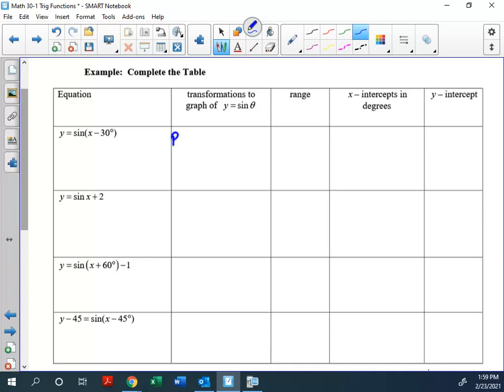So technically, we should be saying this is a phase shift 30 degrees right. Technically, that's exactly what we want to see. And as I alluded, when I was marking diplomas, without phase shift, they dinged you.